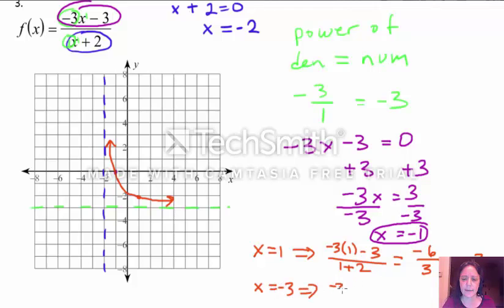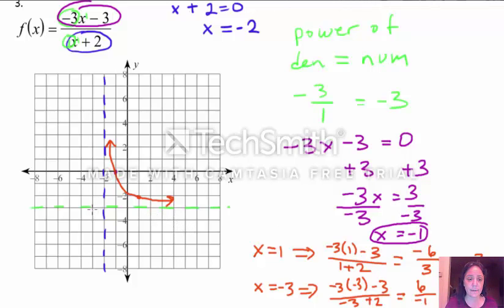That's going to give us negative 3 times negative 3 minus 3 over negative 3 plus 2. Negative 3 times negative 3 is 9, minus 3 is 6, over negative 3 plus 2 is negative 1. It's going to be negative 6.